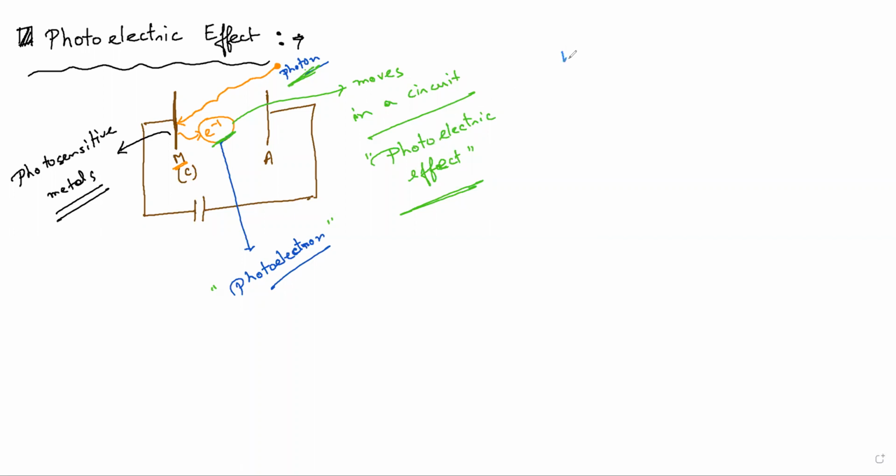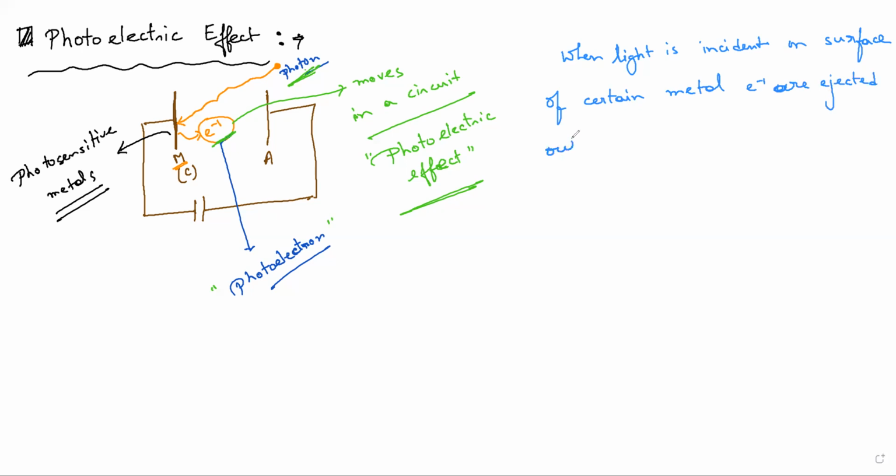First of all, just write down: when light is incident on the surface of certain metal, electrons are ejected out of their surface.